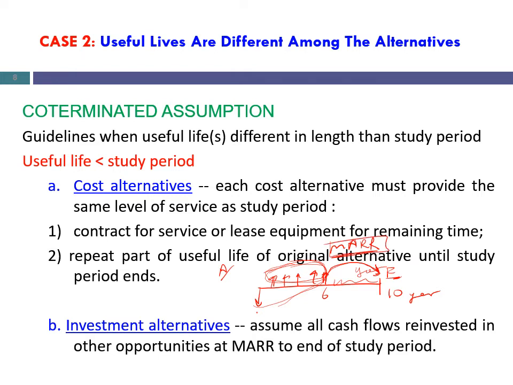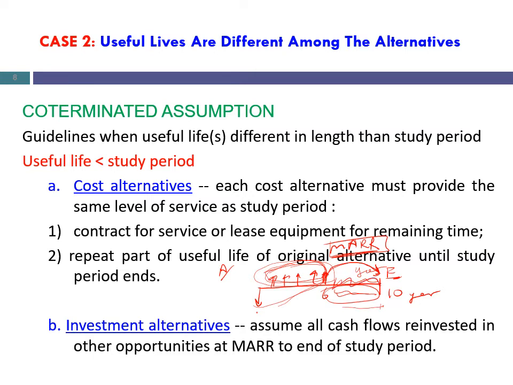Or it can be the case like this. At the end of the 6th year, we have this future worth of all these revenues, and we can find the replacement project, an alternative project, and invest in that project for the remaining 4 years. And then we will earn some other earnings, and we can find the present or future worth of the cash flow in this way.